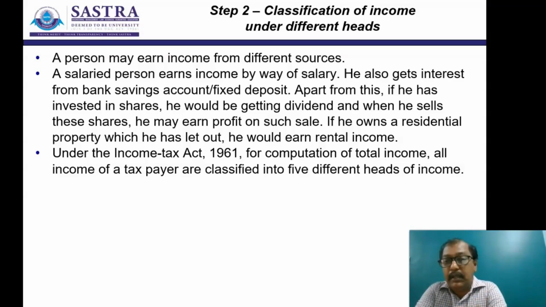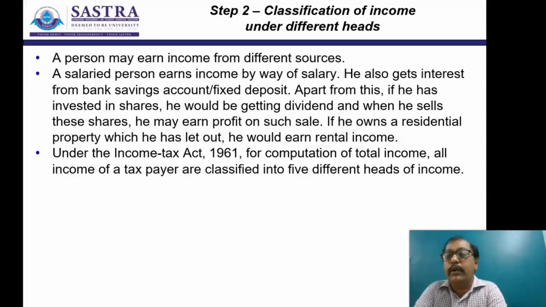A salaried person earns income by way of salary if he is on an employment. He also gets interest from the bank savings account or a fixed deposit. And suppose he has got a share, he may be getting a dividend.